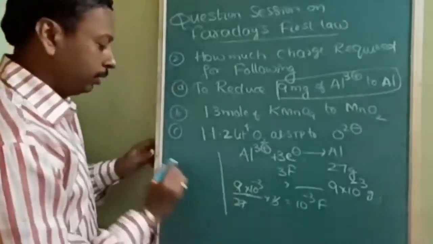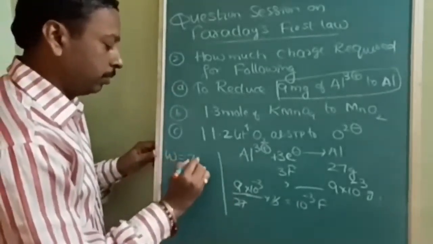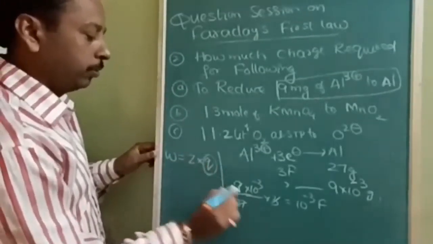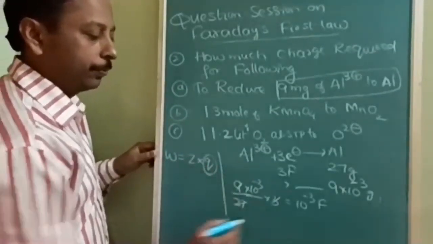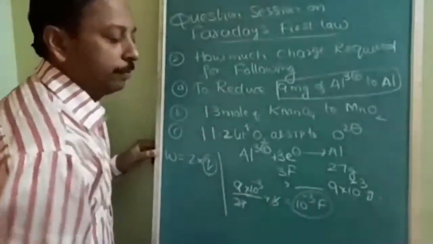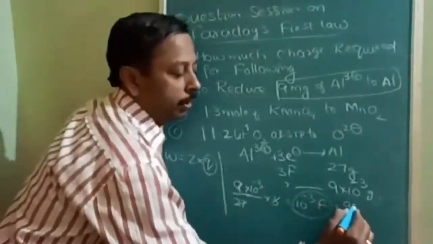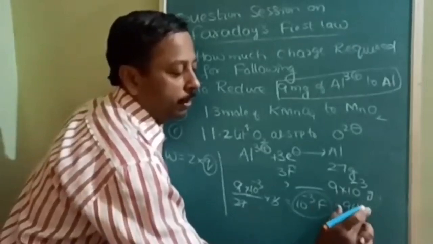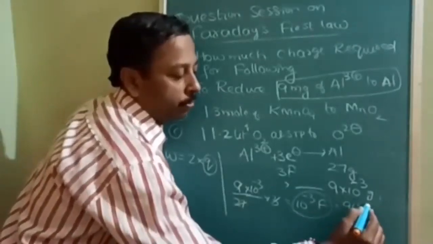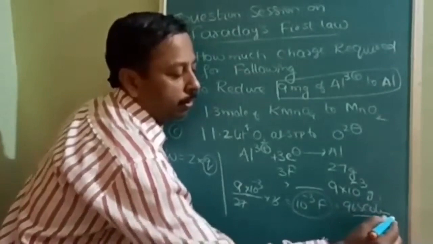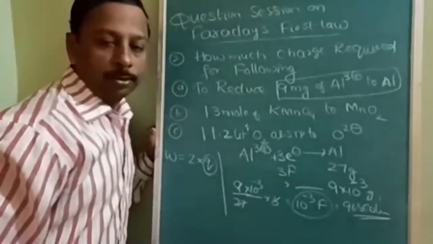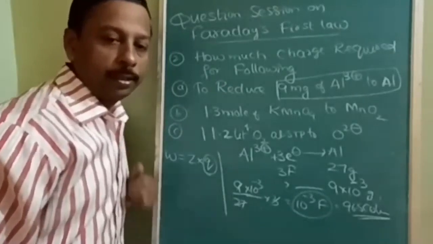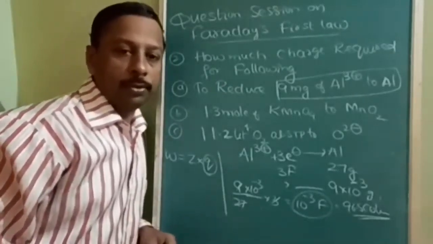Otherwise, you can use the formula W is equal to Z into Q, and you have to find the Q value. Then also you will get the same answer. Okay. 10 to the power of minus 3 Faraday, or 10 to the power of minus 3 into 96500, that is 96.5 coulombs. Anyway, you can write either. Is this first part clear? Any doubt in this question?